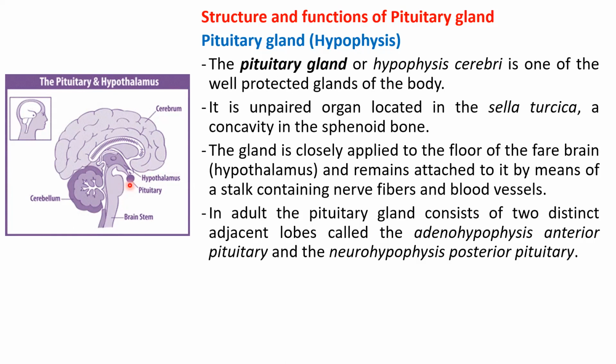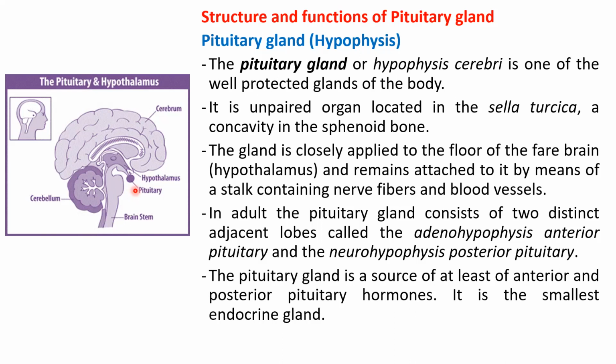Then in adults, the pituitary gland consists of two distinct adjacent lobes: the adenohypophysis, the anterior pituitary, and the neurohypophysis, the posterior pituitary. This gland has two regions, the anterior region, adenohypophysis, and the posterior region, neurohypophysis.